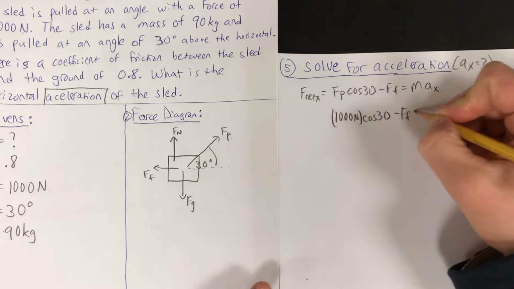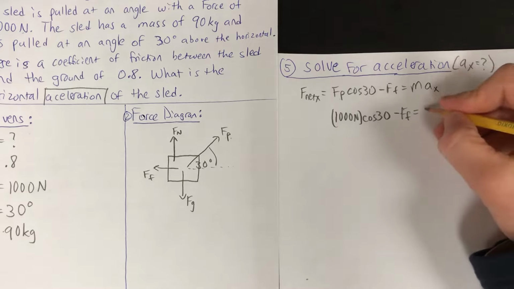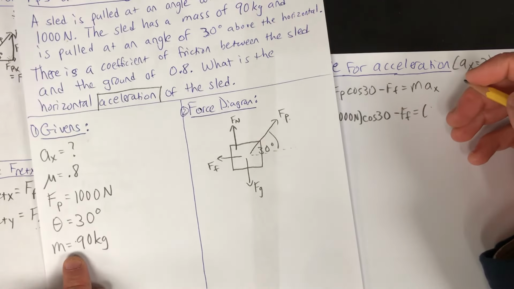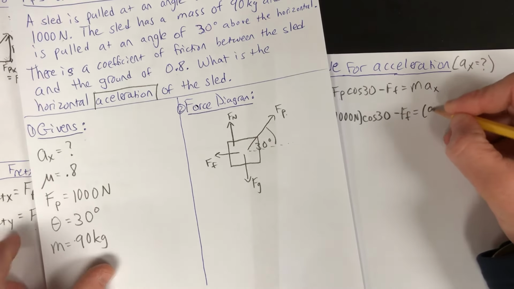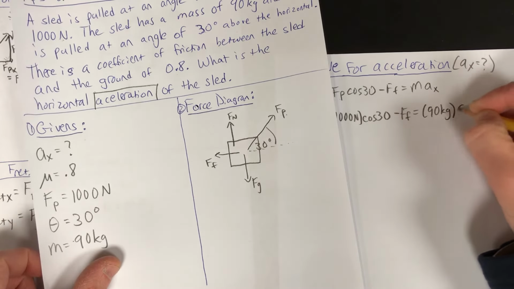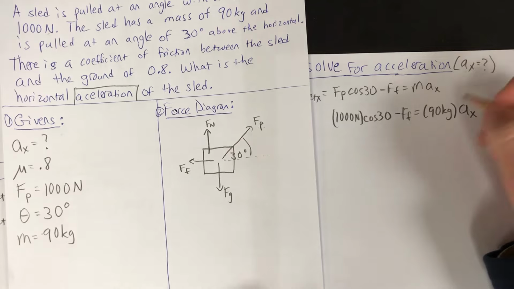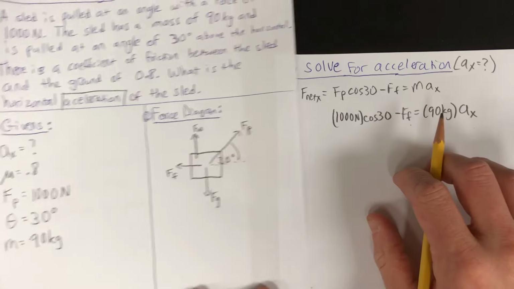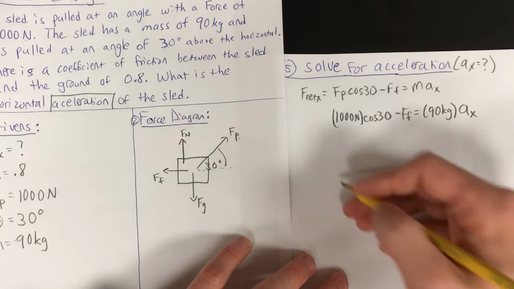We don't know what Ff is yet. We know the mass right here is 90 kilograms, so we can plug that in. If we had friction, we'd be able to solve for Ax, so we have to go find friction.